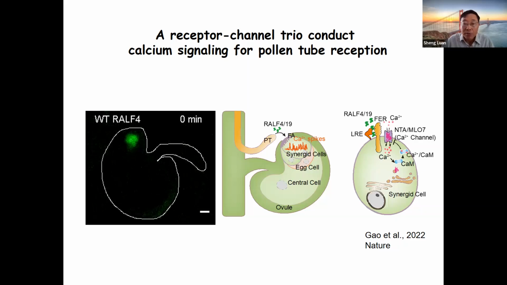And how this works was a mystery until recently. We published another paper, just 2 months ago actually, identifying basically another channel. It's an NTA, an MLO type family protein.